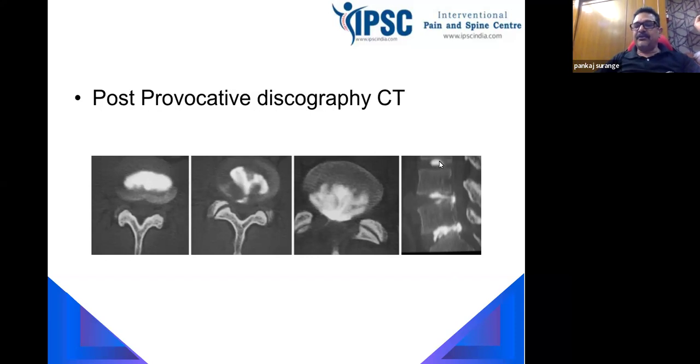The annulus is intact, so it is limited to the nucleus material. Here there's a breach in the annulus, so the contrast has come out and is forming the high intensity zone, which is clearly visible on the MRIs. Okay. Here also you can see there's a big herniation, a big tear. That's why the contrast is coming out over here and getting accumulated over here.